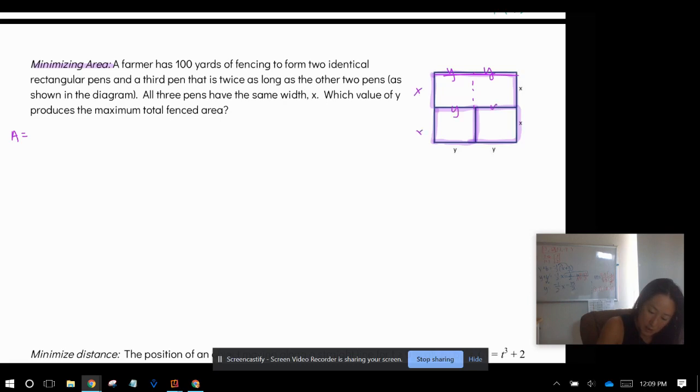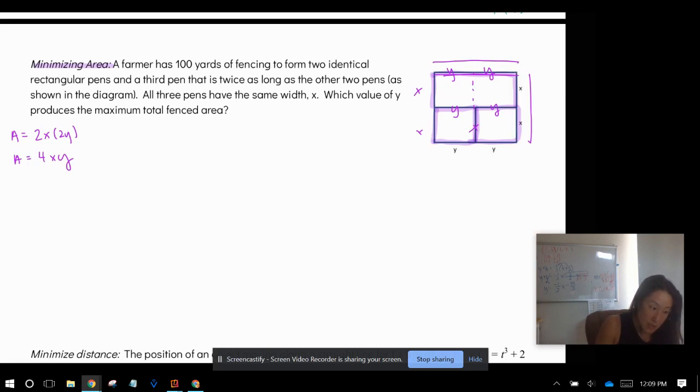This is y, y, and x. So I just labeled every piece. All right, so the length of the side is 2x times 2y, so area is equal to 4xy.